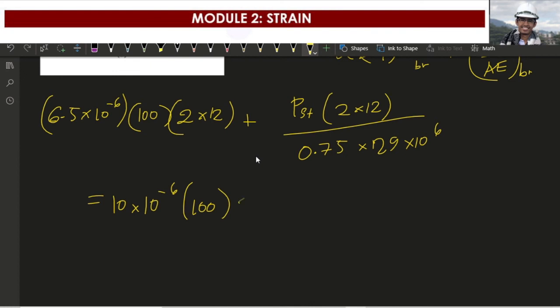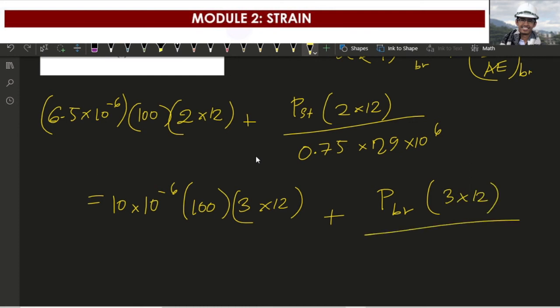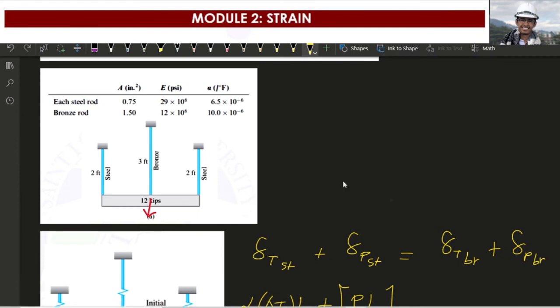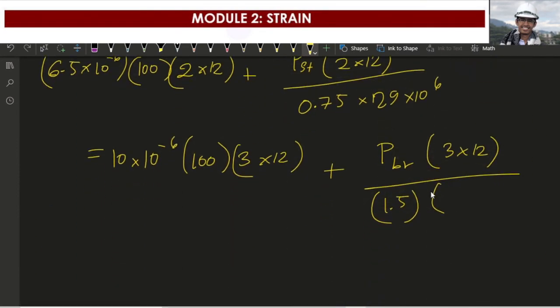So multiplied by 12. 3 times 12 plus yung force ng ating bronze. And yung length niya, that is 3 times 12 maging inches. So yung area, given din yung area, that is 1.5 inch squared times yung E. So given yung E, that is 12 times 10 raised to 6.